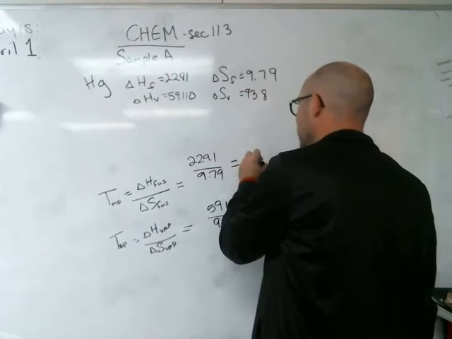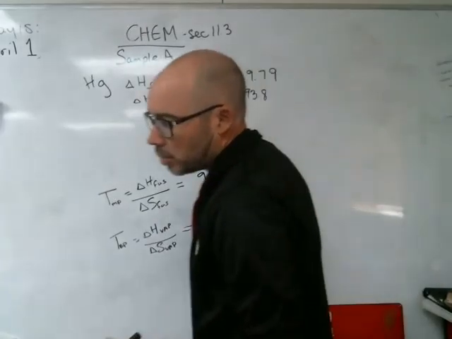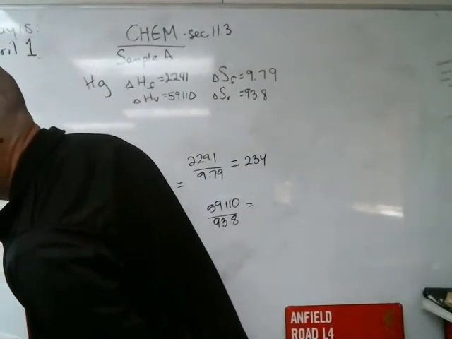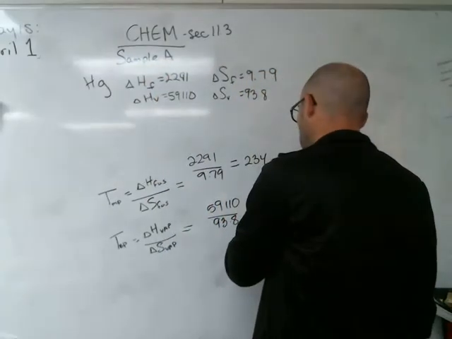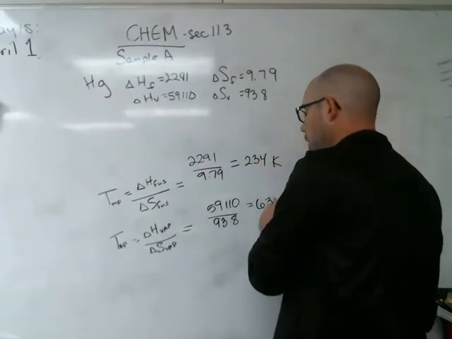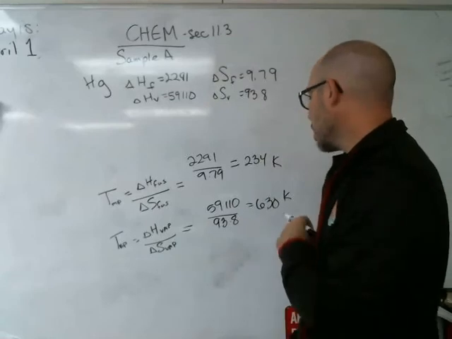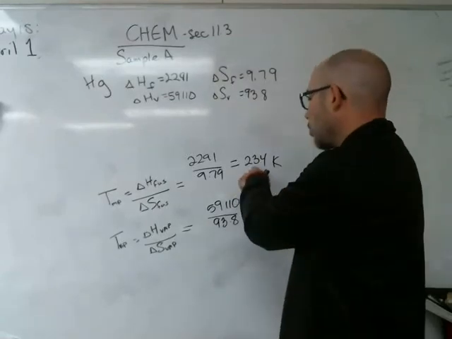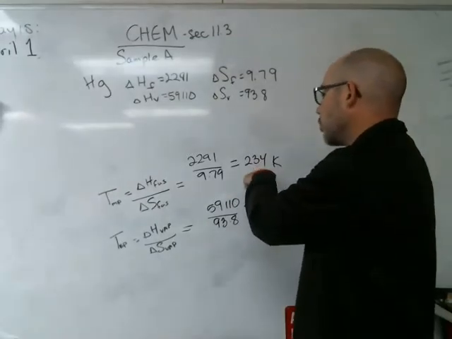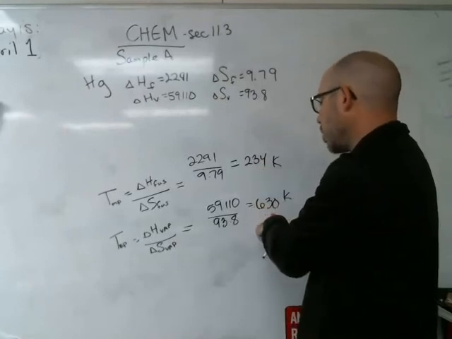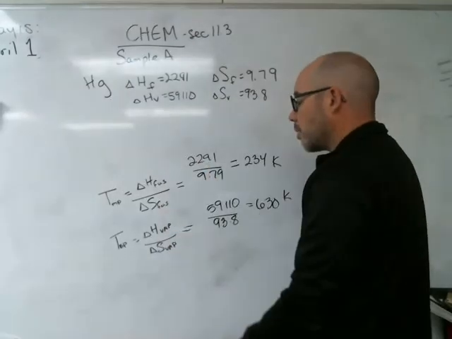Easy calculations for the calculator. 234 Kelvin and 630 Kelvin. Now we already know this is mercury, and so mercury is already melted by the time we are at room temperature, and it boils at 630. Okay, so we just needed the information there.